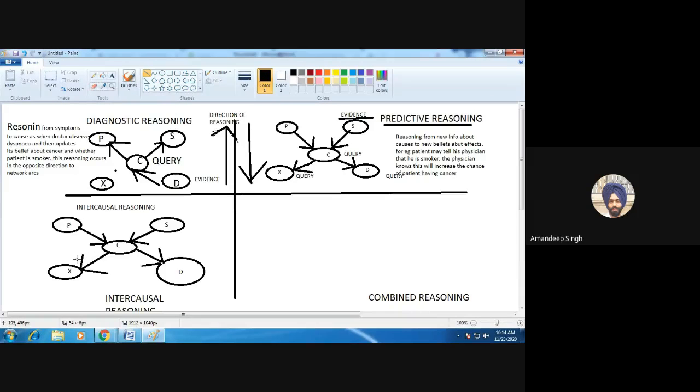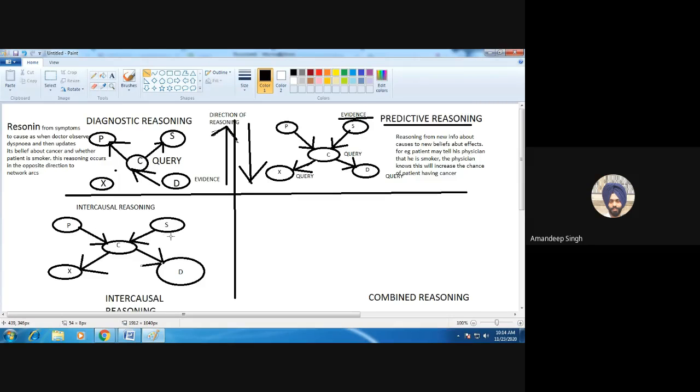Now, intercausal reasoning has basically to do with this. Assume that you are given this evidence that the patient is a smoker.